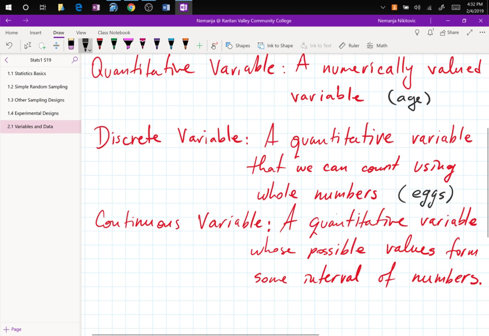So there are a lot of these ideas, and you have to be careful with this particular classification. One of the favorite ones is dates. Continuous or discrete?